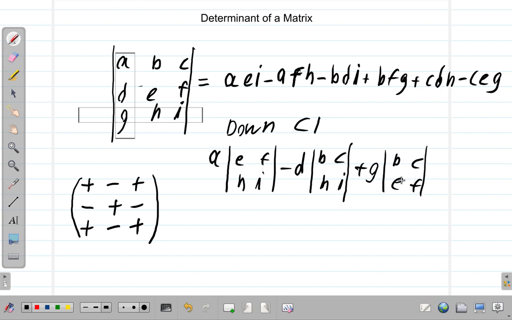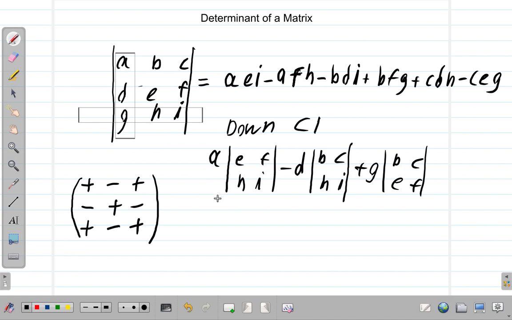So all of this is called a minor. And the sign gives you the cofactor. Plus, minus, plus. So the cofactor of A is plus, D is minus, G is plus.